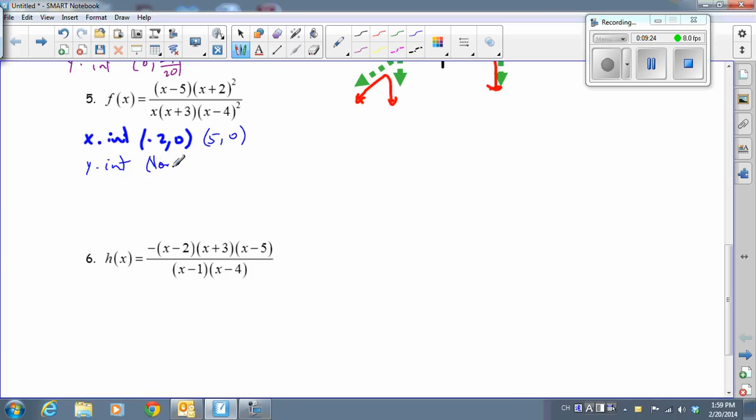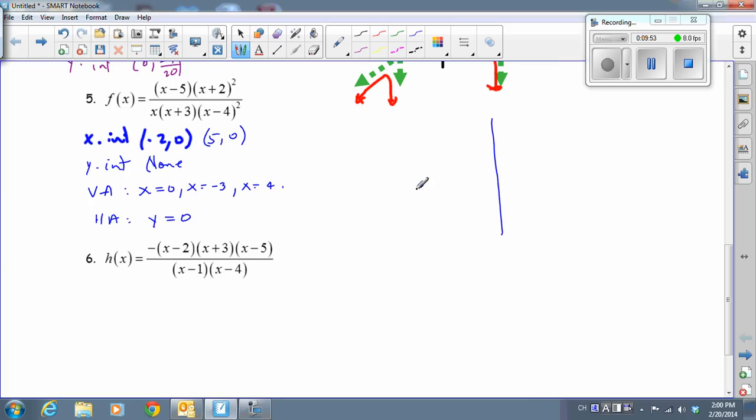Actually, we have no y-intercept. Okay, the VA, the vertical asymptotes, are at x equals 0, x equals -3, and also x equals 4. The horizontal asymptote: here the power is 3, here the power is 4, so it's at y equals 0.